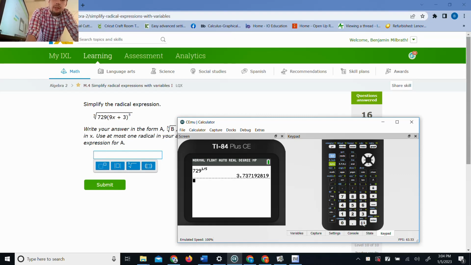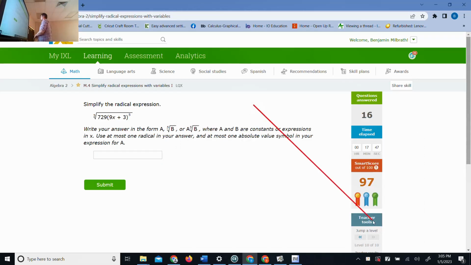Okay. So I happen to know that 3 to the 5th is 243. And I feel as though 729 is divisible by 243. I was right. What I do is I think about this as the 5th root of 243 times 3.